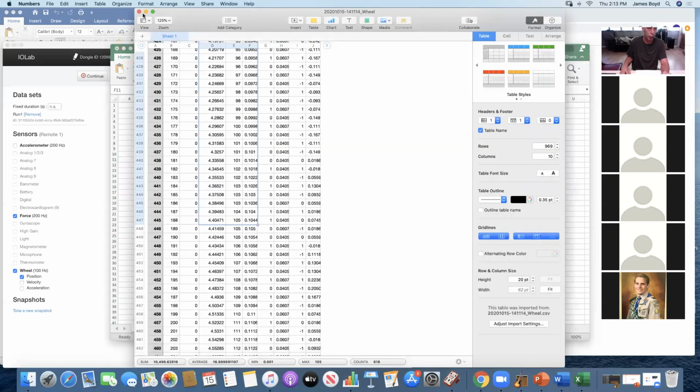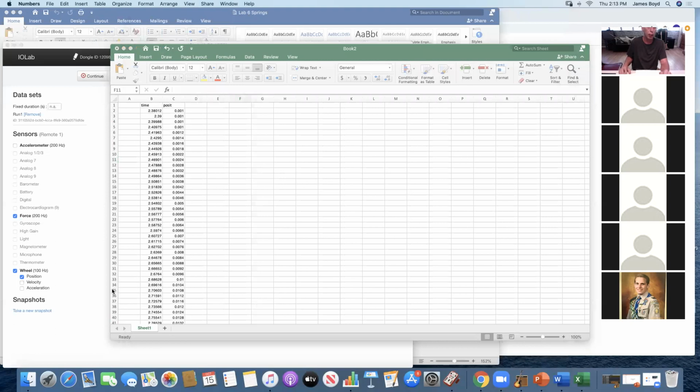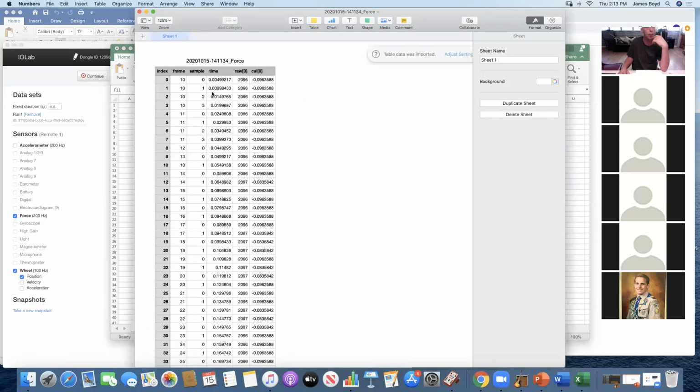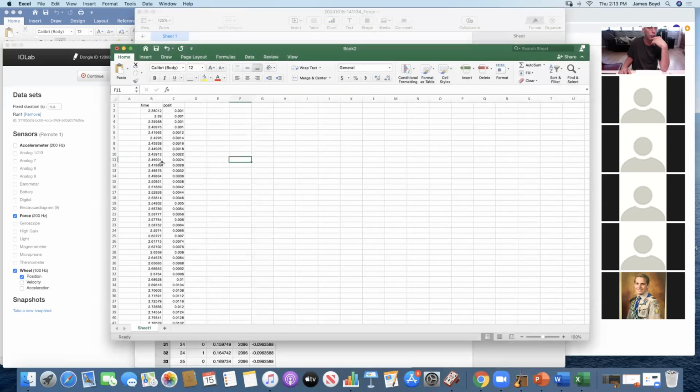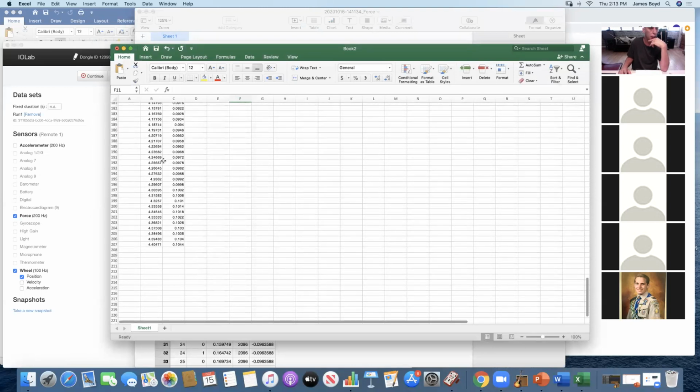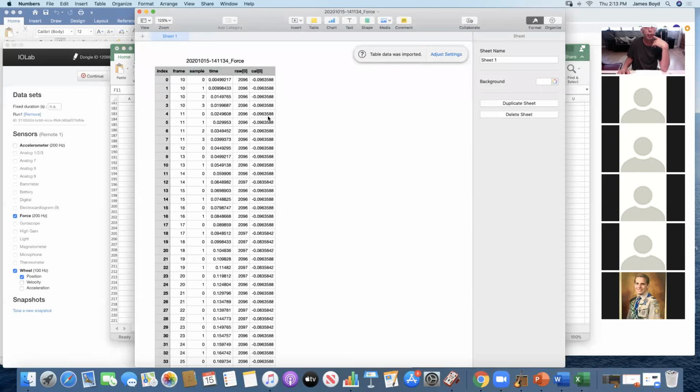We do need to go into, this was our time and position. We now need to go get that force data. And the force data looks the same. We went from 2.38 seconds to 4.4 seconds.